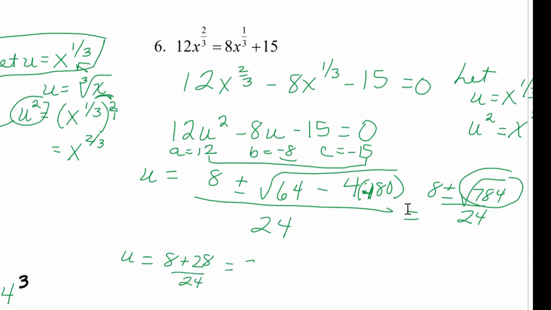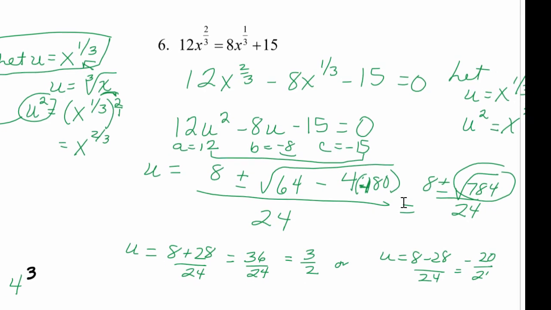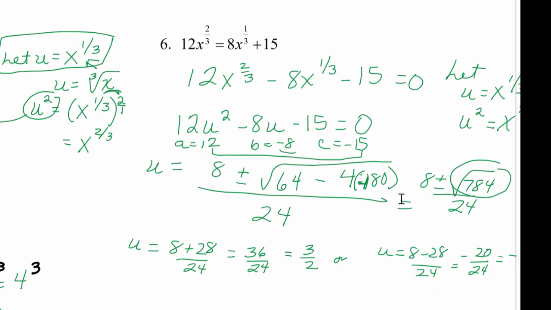So what do we get there? 36 over 24, 12 goes into both of those, so 3/2. Or u equals 8 minus 28 over 24, which is a negative 20 over 24, which is a negative 5/6 when you reduce. Okay, but that's u, so don't stop there, right?